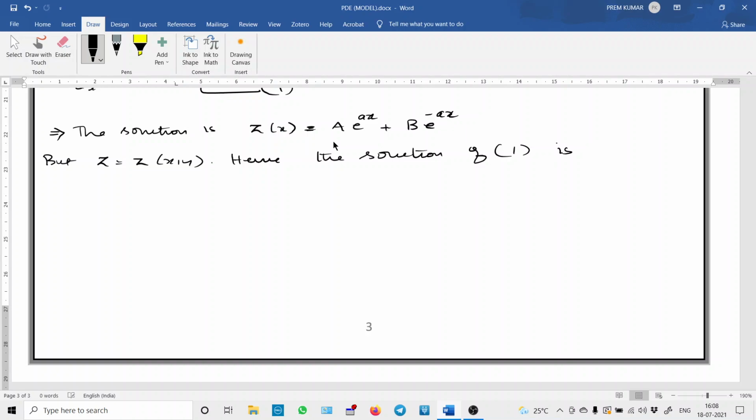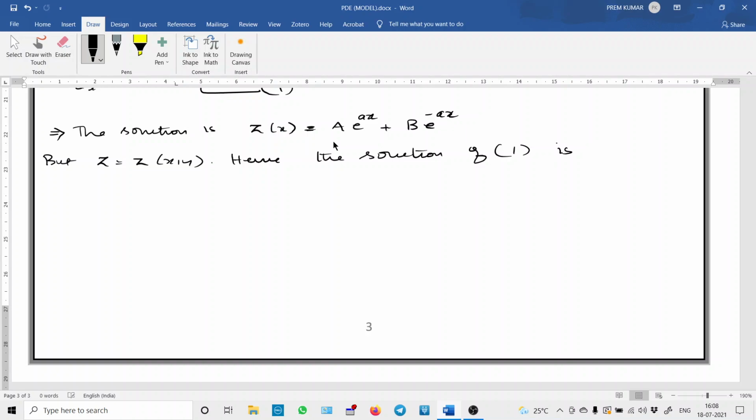So z = f(y) e^(ax) + ψ(y) e^(−ax), where f(y) and ψ(y) are functions of y. I name this equation as 2. Now, this is the solution of the given PDE.